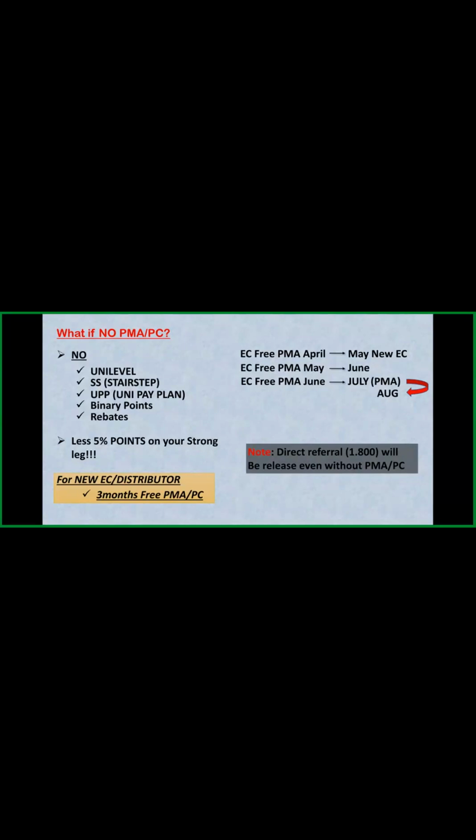The reason why we also do this PMA is because this is one way that the company remains stable. Remember, this is a network marketing company whereby products are pushed directly from the manufacturer to the consumer without a lot of middlemen. Hakuna mtu katikati. So one way the network marketing company is legitimate is that they have a physical product.